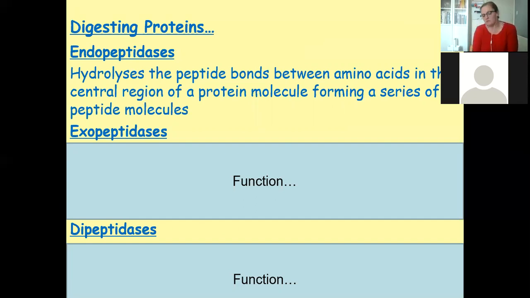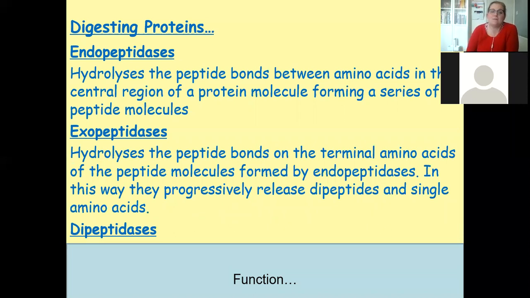Quite clearly in the name, we know it's ASE, it's an enzyme, so it hydrolyzes peptide bonds. These are in a specific place: the peptide bonds between amino acids in the central region of a protein molecule, forming a series of peptide molecules. So endo, in the center of it.